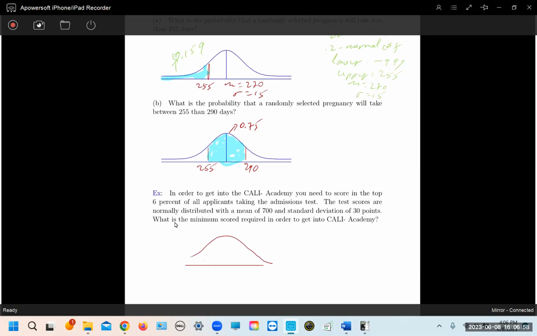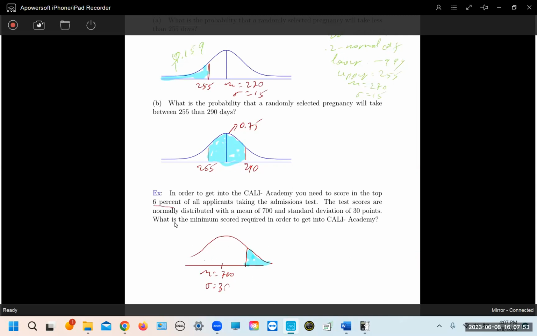L shape, and this one is the mu, 700, and the sigma is 30, and we're looking for this area. And this one is 6%, so 0.06.